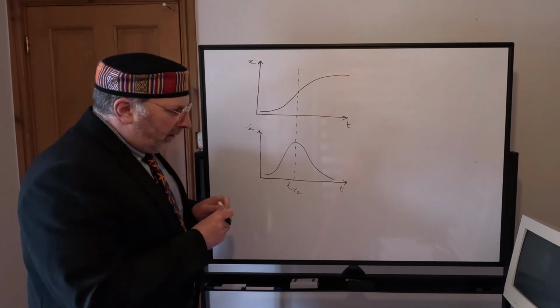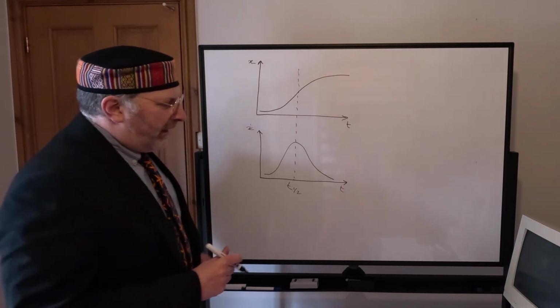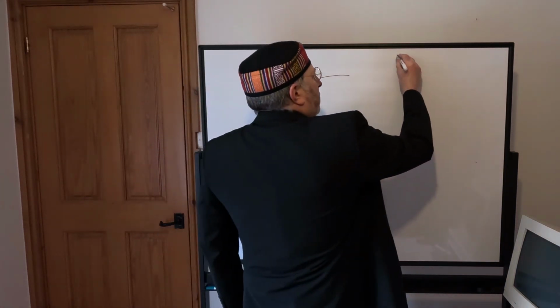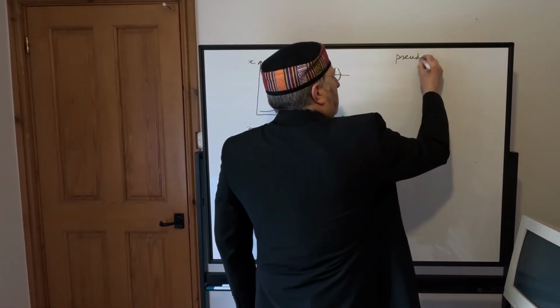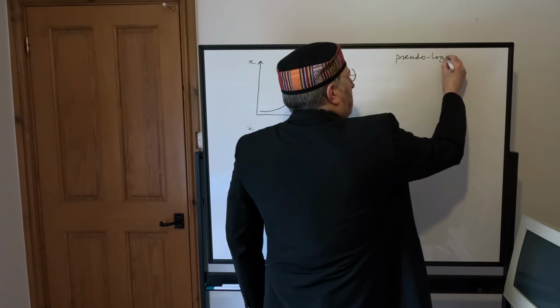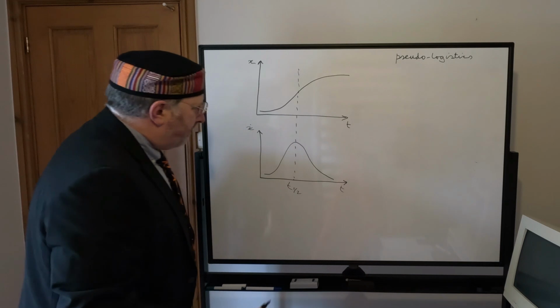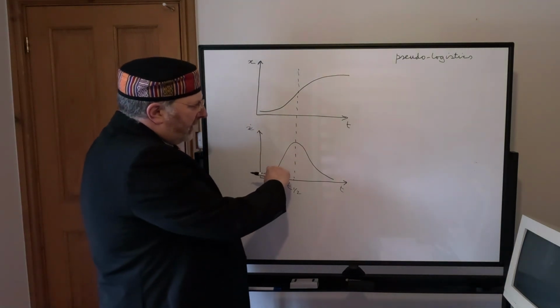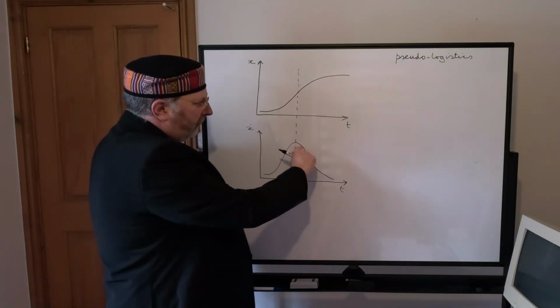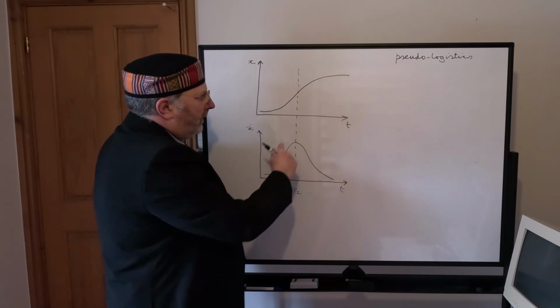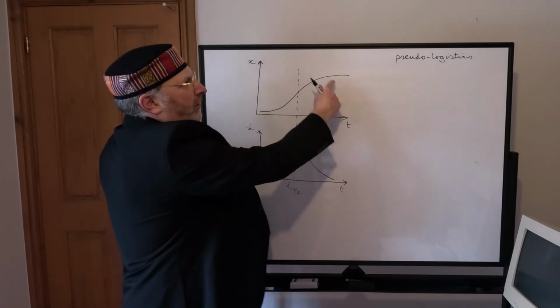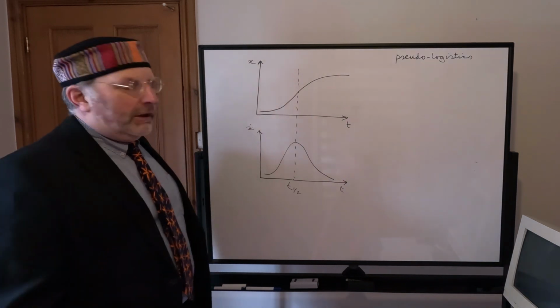Well, I'm now going to talk about the idea of pseudo-logistics. Because pretty much anything that rises and falls like this will give rise to something that looks very similar to a logistic.